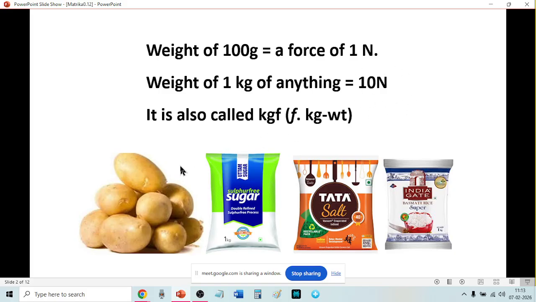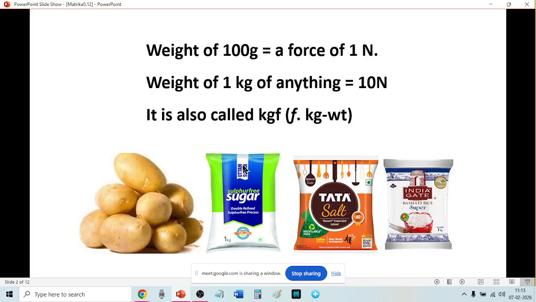The weight of 100 grams is 1 Newton. The weight of 1 kg of potatoes, sugar, salt, rice, is 10 newtons. So the weight of 100 grams is 1 Newton. The weight of 1 kg of anything is 10 newtons. Okay?